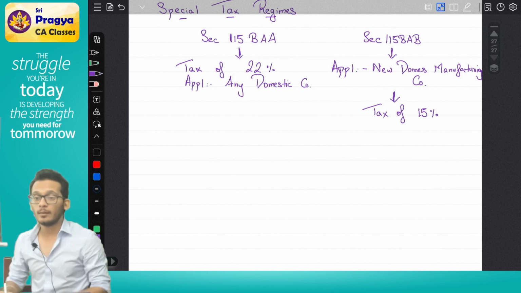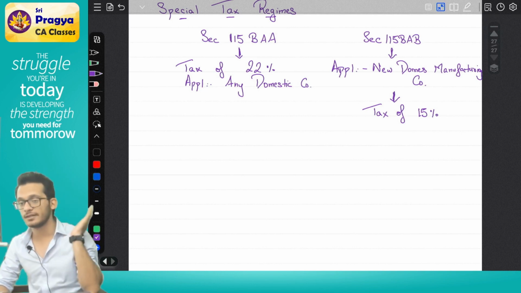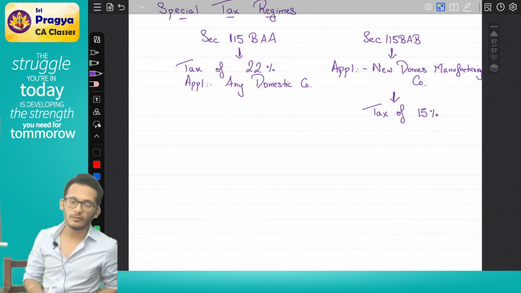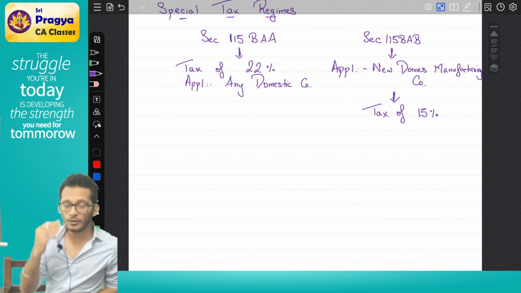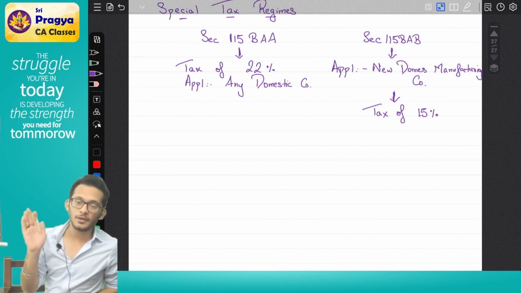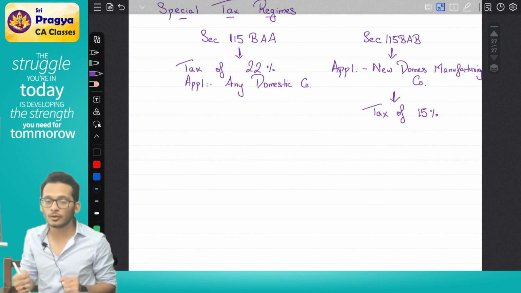They brought it down to 15%. Now the company will only be taxable at 15%. Lifelong, because you are a new domestic manufacturing company who is going to help me grow India.